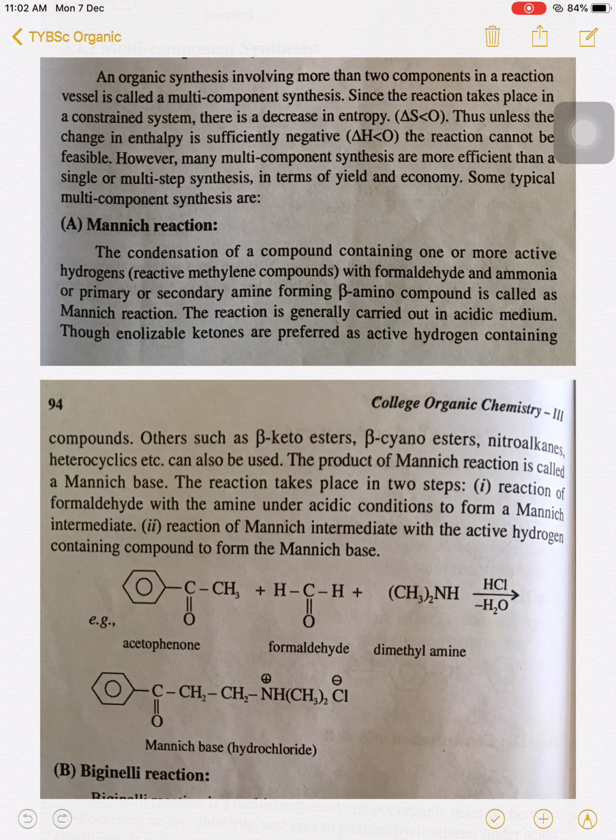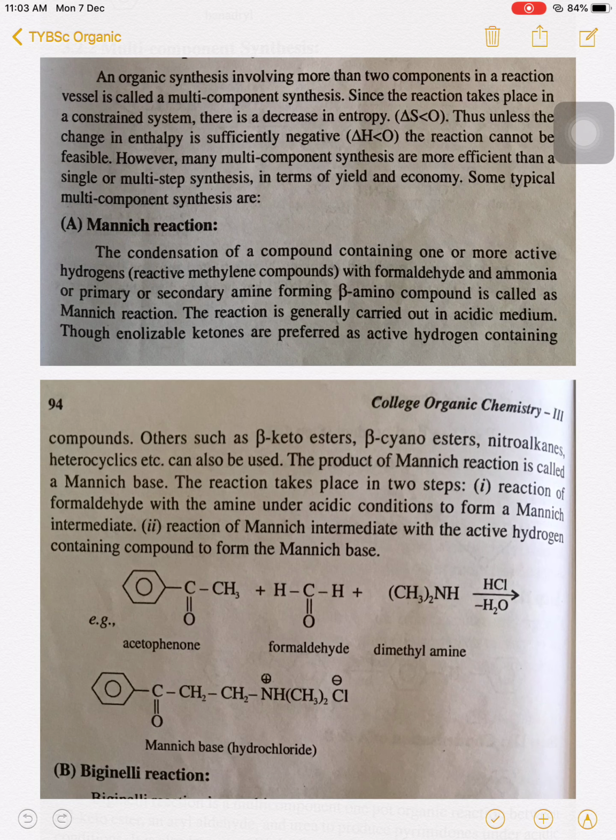Instead of ammonia, we may use a primary amine or secondary amine, forming a beta amino compound, called the Mannich reaction. So in this reaction there is condensation of a compound containing one or more active hydrogens with formaldehyde and ammonia. Then we get a product known as the Mannich base.